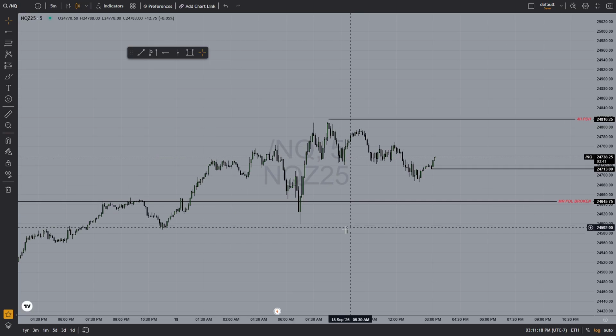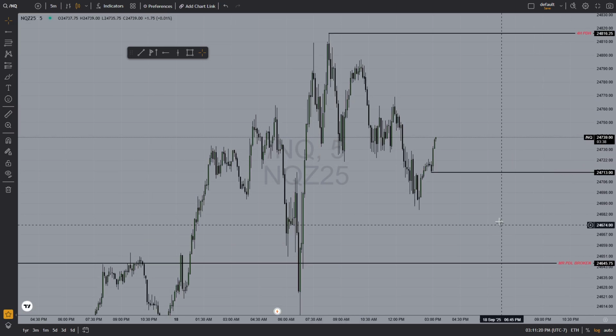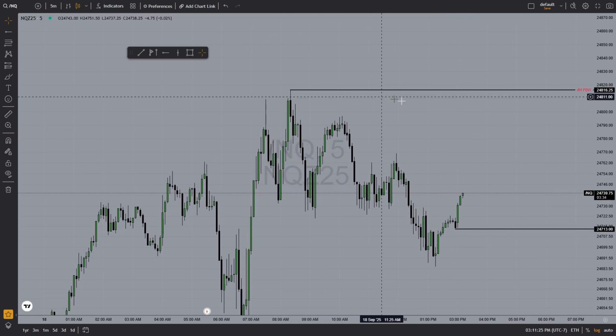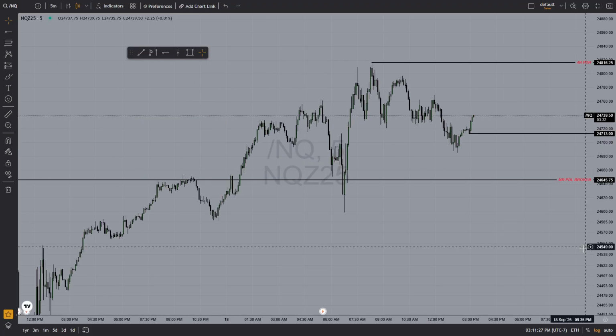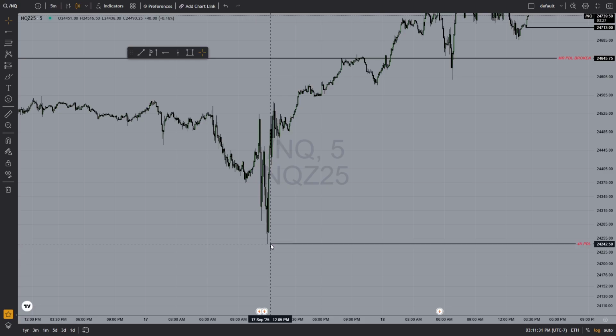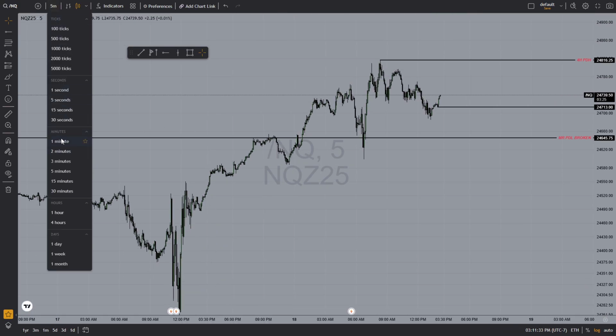Okay. As y'all can see, price is continuing to trend up. Like I said, price is not gonna come and break this PDH before it breaks this PDL down here.